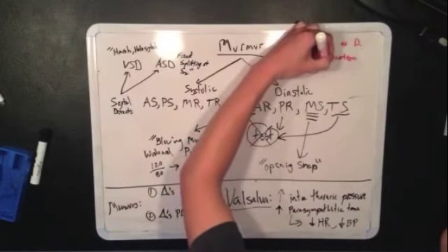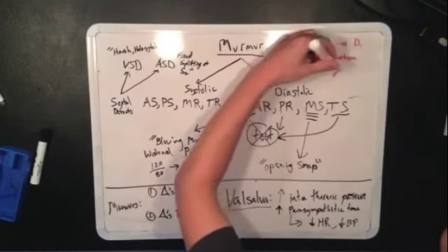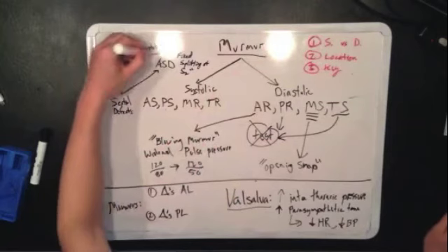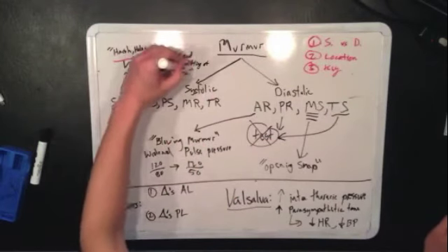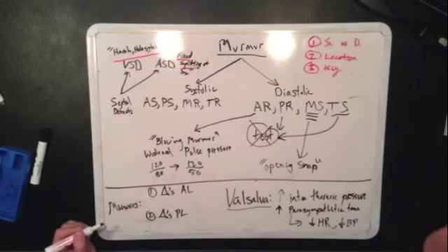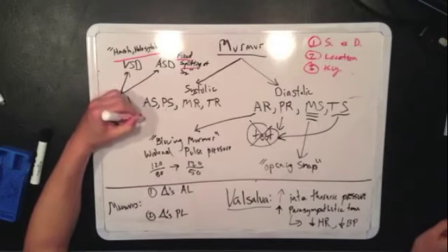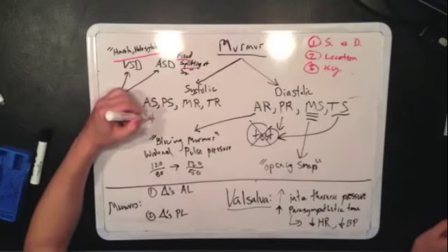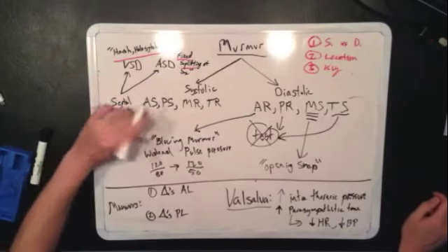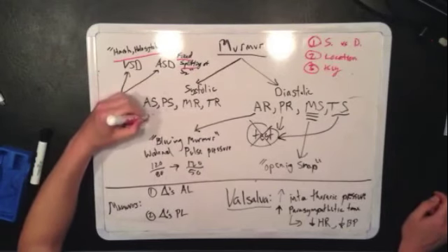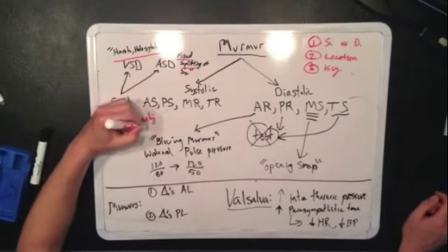Last thing, they try to mess you up. Look for keywords like harsh holosystolic, fixed splitting, okay? What else? Aortic stenosis had the early systolic click, okay?